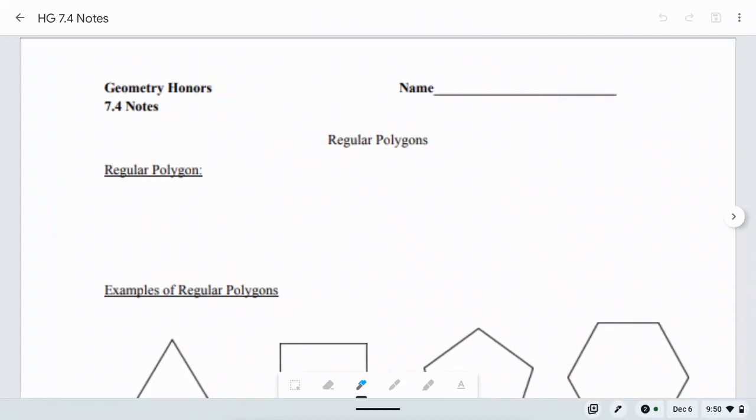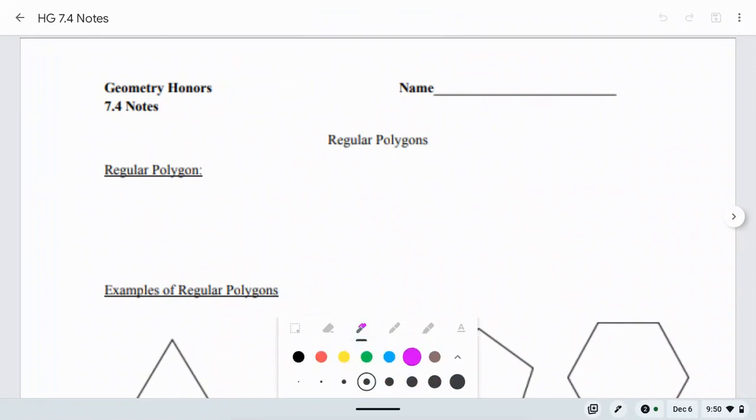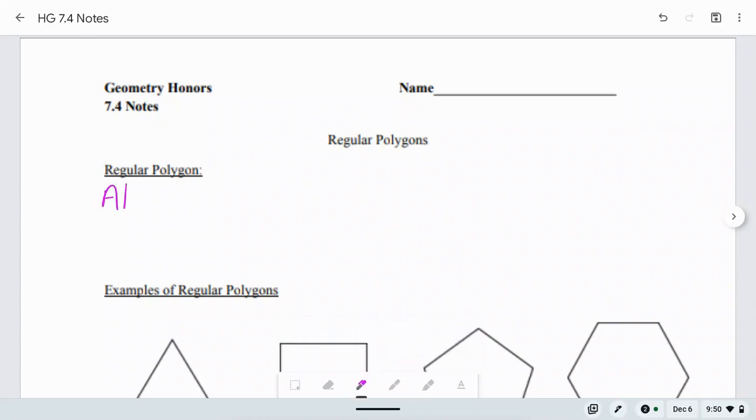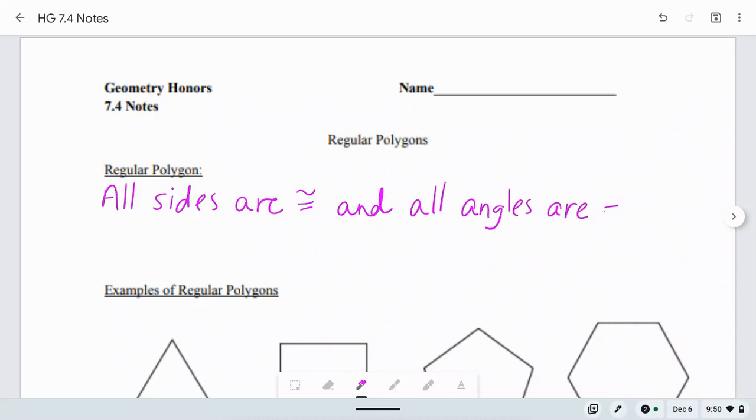In this video, we will be learning about regular polygons. The definition of a regular polygon is a polygon in which all sides are congruent and all angles are congruent.